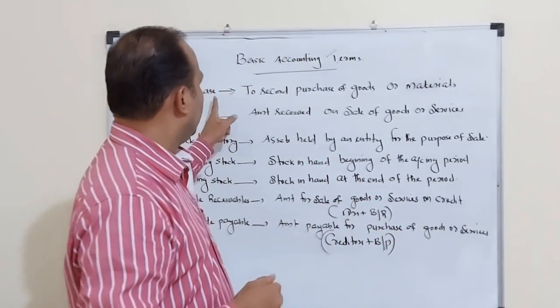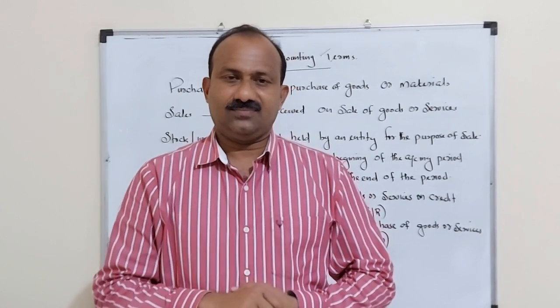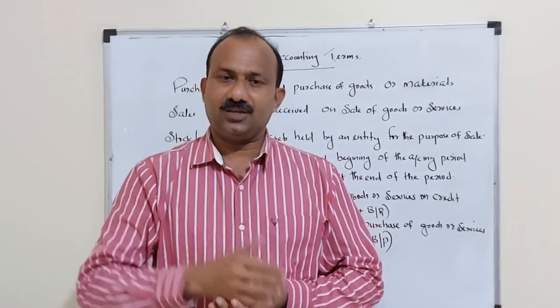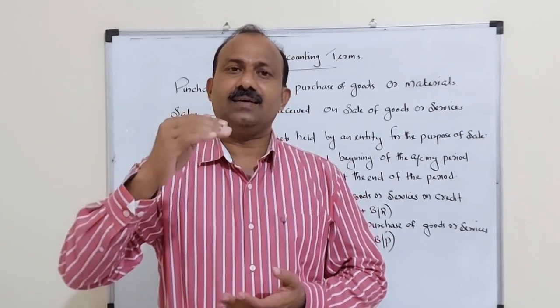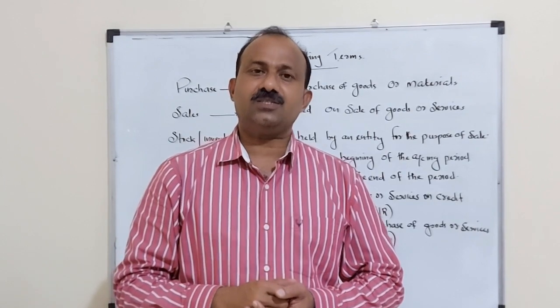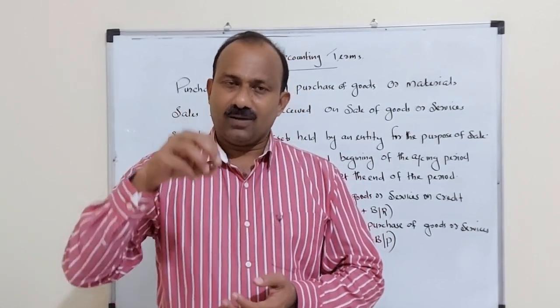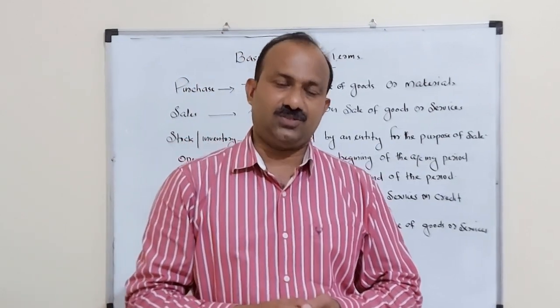Next important term is purchases. An organization requires goods, that means raw materials, for the purpose of manufacturing and resale. The goods procured or purchased by an organization for manufacturing or for resale purpose are known as purchases.